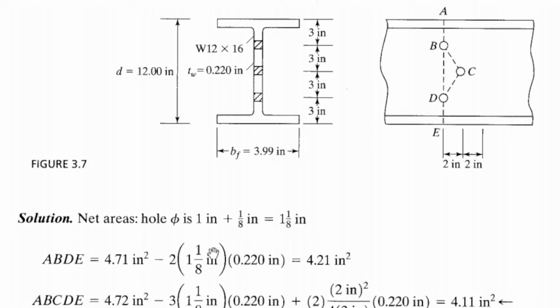Times the thickness. So the diameter times the thickness, that is the area of projection of the hole along this path. That is the projection of the hole area.